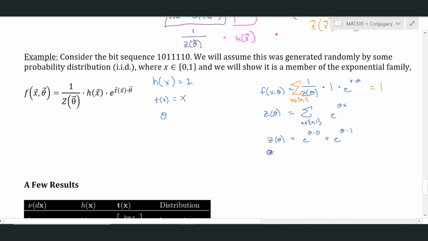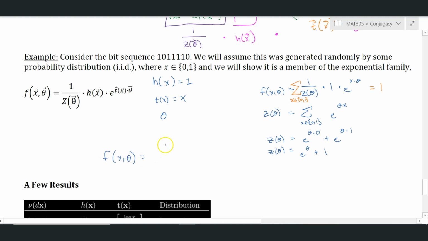And that means z of theta will simply be e to the 0, which is 1, plus e to the theta. So z of theta is e to the theta plus 1.